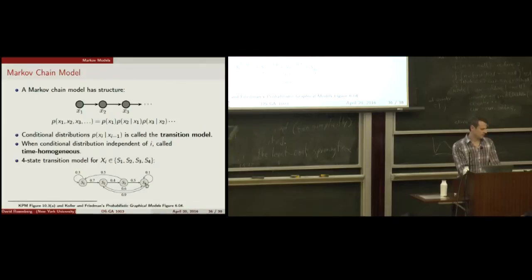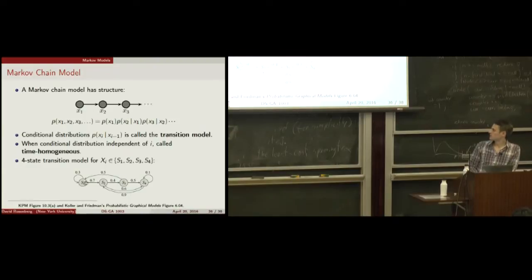At the bottom, I've drawn an example of a state transition distribution. In this case, we have 4 states. What does that mean? Each of these Xi's can take 4 different possible values, S1 through S4. And here I've drawn essentially a state transition matrix.